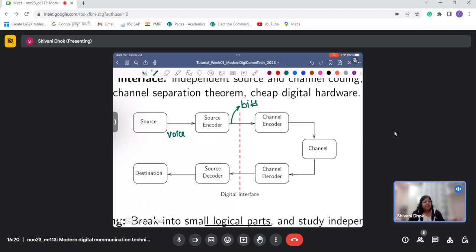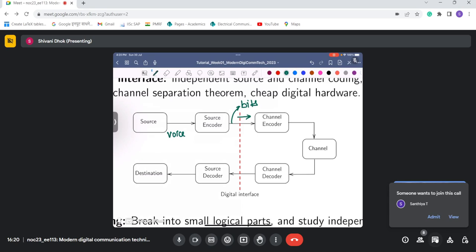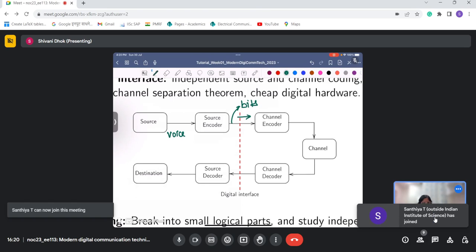Now once these bits are generated, I don't need to know from where these bits have come. So these bits can be transferred to this channel encoder, and this channel encoder just needs some basic information, like the frequency of how these bits or symbols are generated, the probability and other details which we'll learn in source coding, or whether the symbols are generated serially or in parallel.